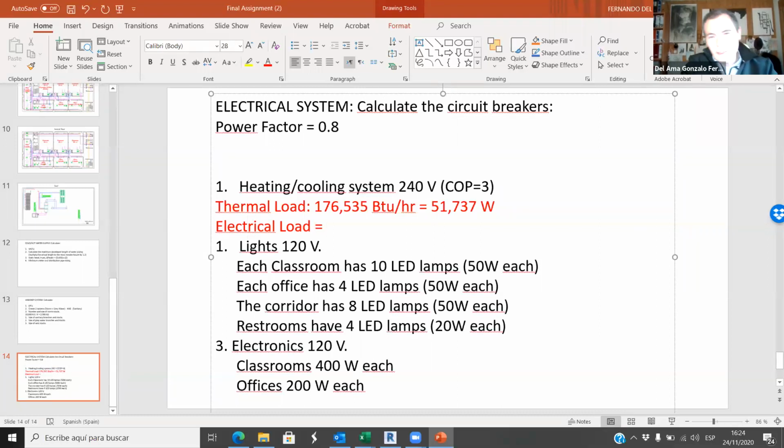Okay, so now what is the electrical load? The electrical load is the thermal load in watts, 51,737, divided by the COP, 3.